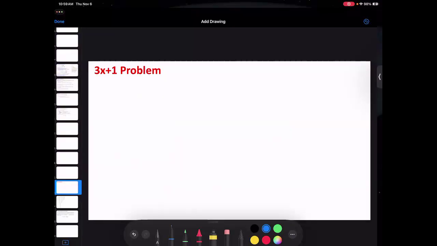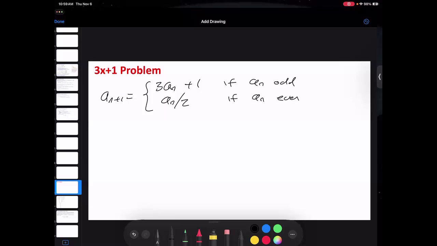So we do the following. a(n+1) is equal to 3an plus 1 if an is odd, or an divided by 2 if an is even.